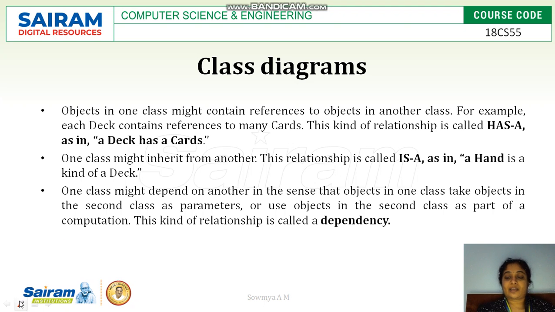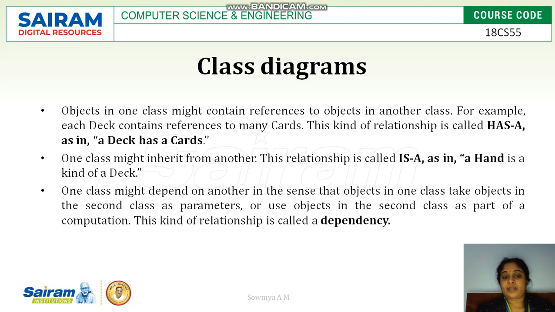In the previous example the class Deck was created with an object inside the method of class Deck, and an object of the class Card was created. This is called a has-a relationship. The class Hand was inheriting the properties directly at the time of creating the class, so Hand is a child of the class Deck, so it is an is-a relationship.